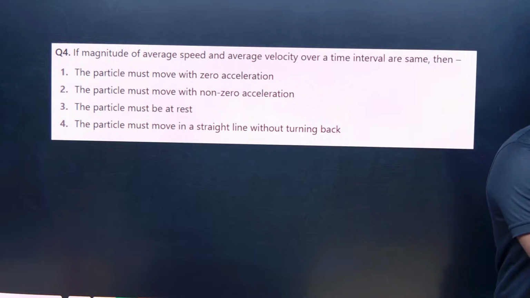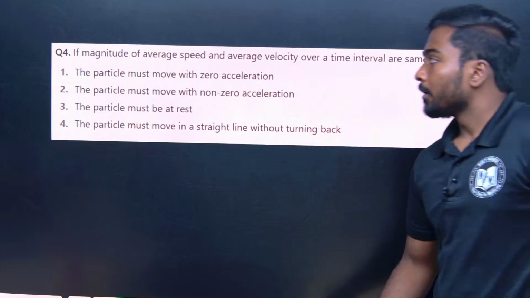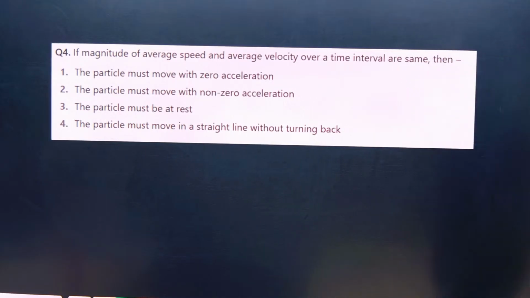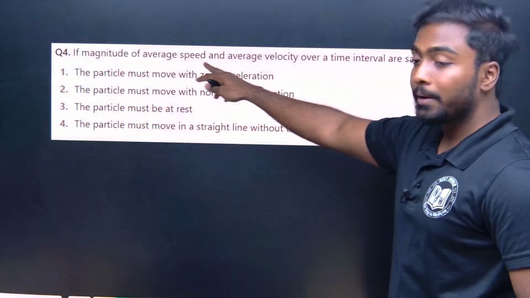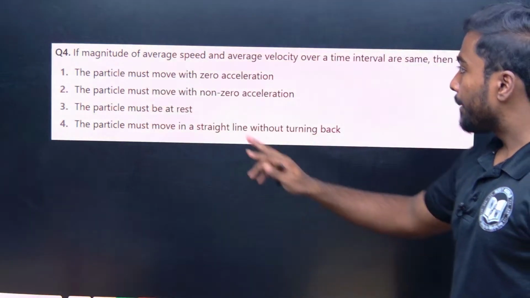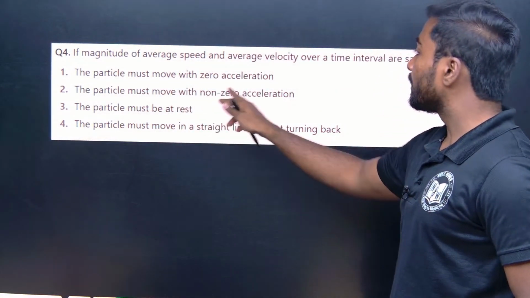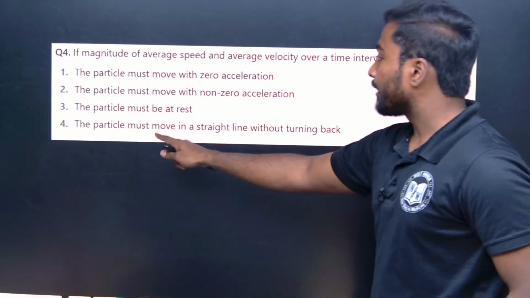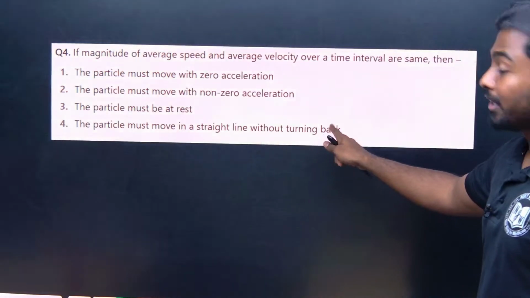They are saying that velocity and speed are same, no? So particle must move in zero acceleration, particle must move with non-zero acceleration, particle must be at rest, particle must move in the straight line without turning back.